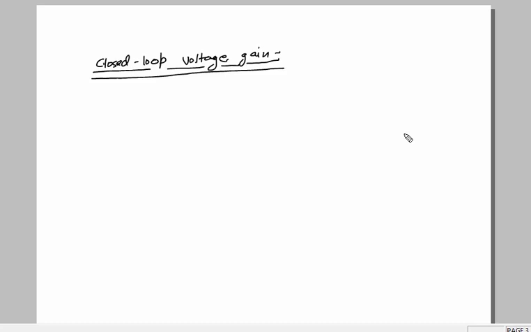We just saw the definition. The closed loop voltage gain is defined as AF equals V naught by V in. Now for the op-amp, what is V naught? V naught is A, the open loop gain, multiplied by the difference of the input, V1 minus V2, and that is VID.